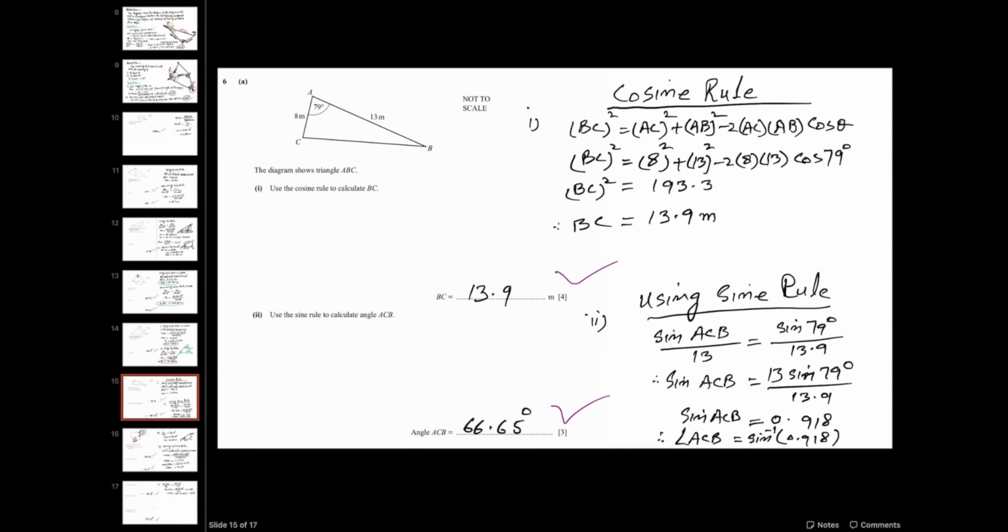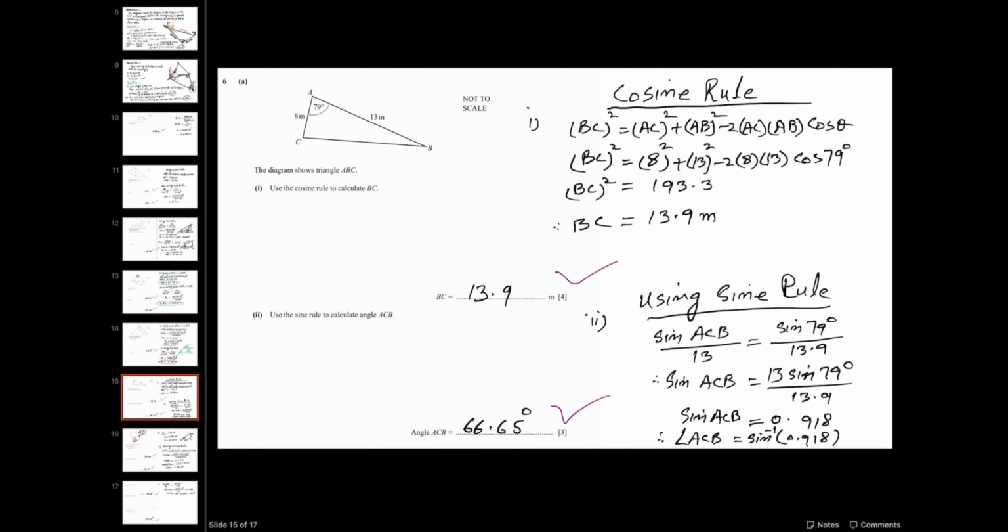Now the next question is, the diagram shows triangle ABC. In first part, use the cosine rule to calculate BC. So I am using cosine rule in part 1. BC square is equal to AC square plus AB square minus 2AC into AB into cos theta.